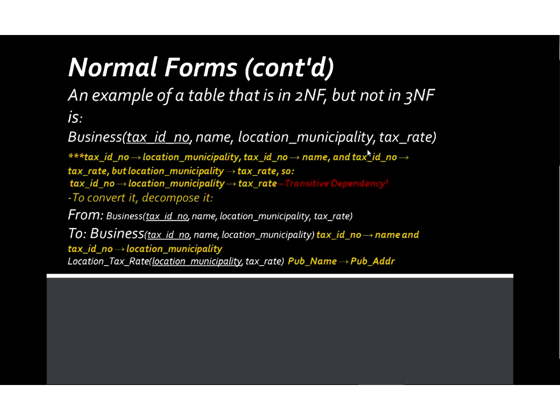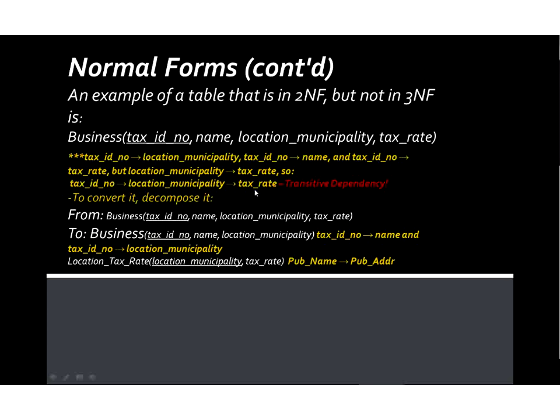We're in second but not third normal form. And you see here I pointed out: tax ID number defines location municipality, and it defines name, and it also defines tax rate, but through location municipality. So you can see here I have our transitive dependency written out symbolically: tax ID number defines location municipality, which defines tax rate.